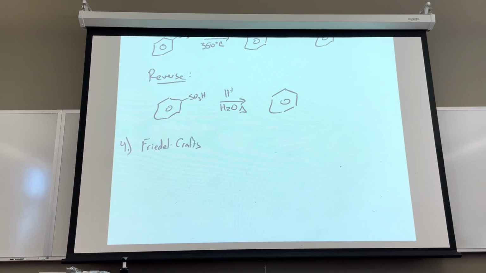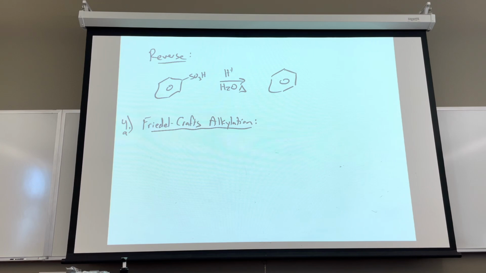And the first one, I'll call this A, is where we'll look at the Friedel-Crafts alkylation. And so to do Friedel-Crafts alkylation, we're going to be using an alkyl halide.